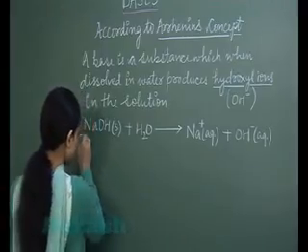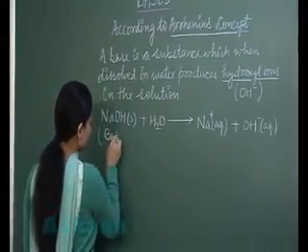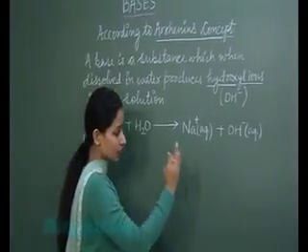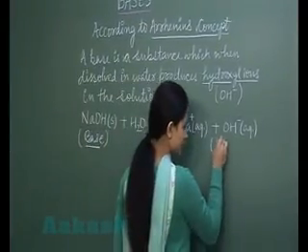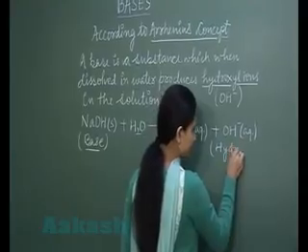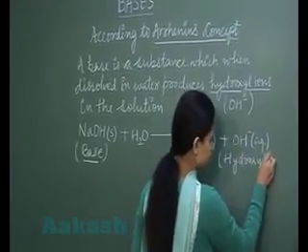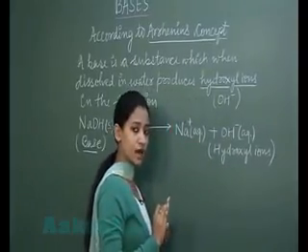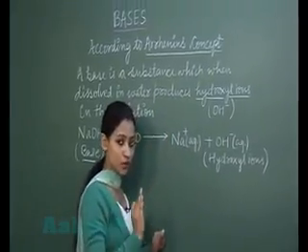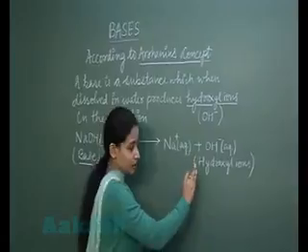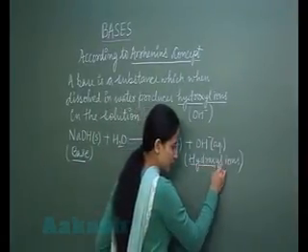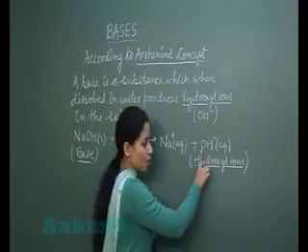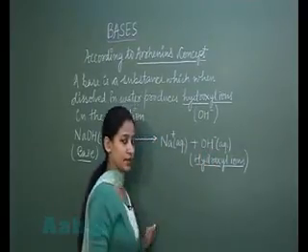I can mention here that sodium hydroxide is acting as a base as it is liberating hydroxyl ions. As hydrogen ions are represented as H positive aqueous ions, similarly hydroxyl ions, also known as hydroxide ions, are represented as OH negative aqueous ions.